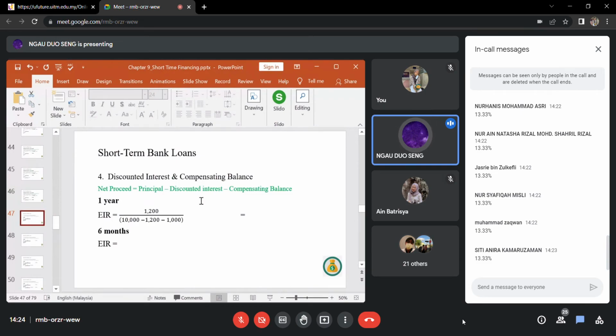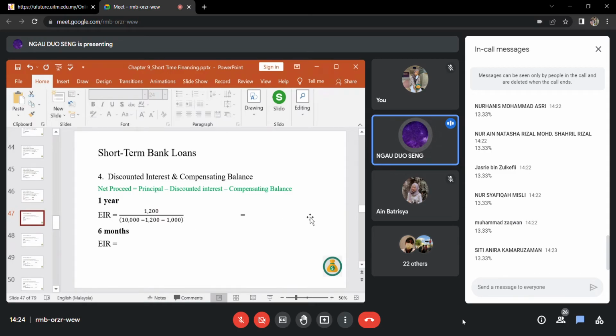All right, next we have lastly, if this loan is discounted interest and the compensating balance. So yang dua-dua dia ada. So kita have 1,200 bahagi dengan 10,000 minus the discounted interest minus the 1,000. So yang ini 1 year actually sini ada right 12 over 12. Bersama dengan 1 tapi kita tak tulis.